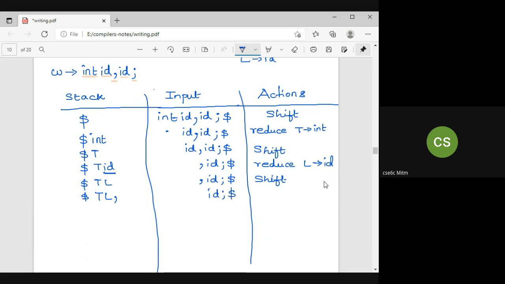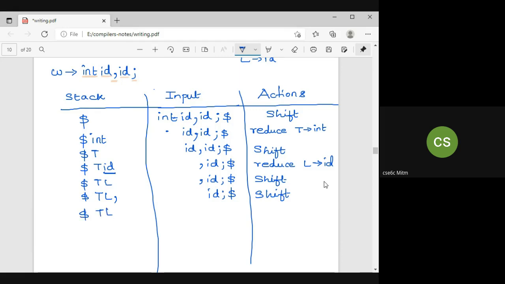Next you check whether L comma something can be TL or TL comma anything, any substring can be matched with anything, but always the match has to be the rightmost substring. So we can't do anything here. So again we say shift. Since we cannot reduce, we shift.